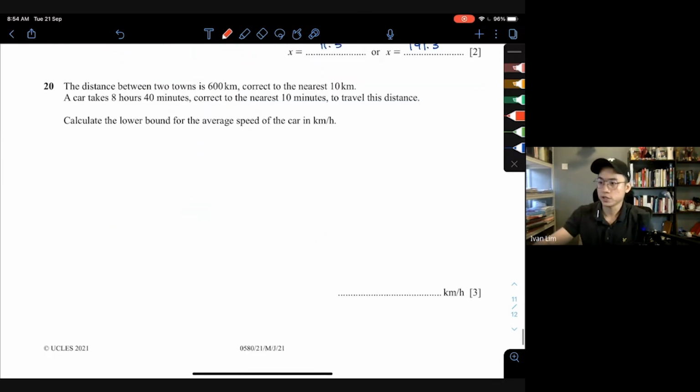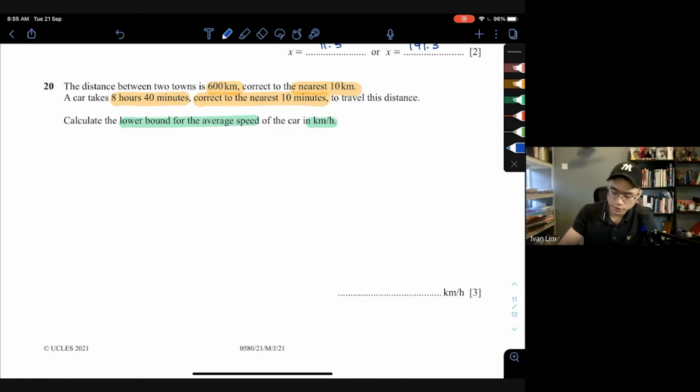Okay, and the very last one, question 20. The distance between two towns is 600 km, correct to the nearest 10 km. A car takes 8 hours 40 minutes, correct to the nearest 10 minutes. Calculate the lower bound of the average speed of the car in kilometer per hour. Okay, so speed is made out of what?